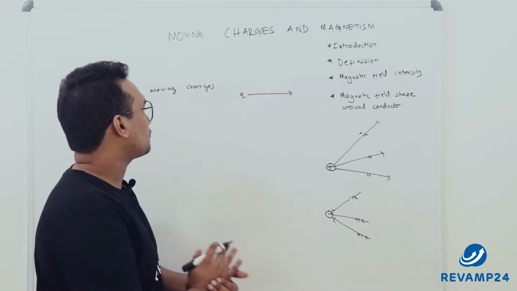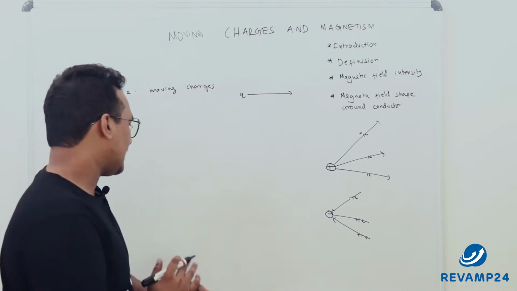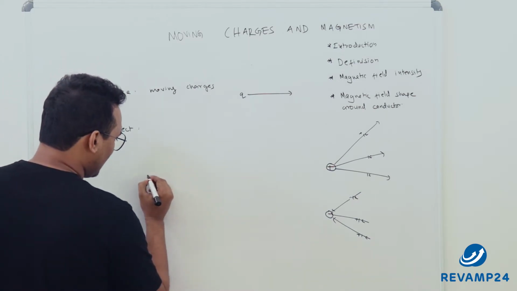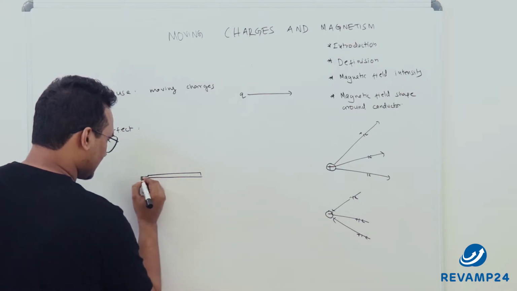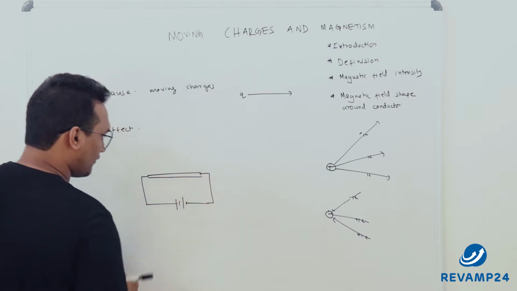First I will explain the experiment done by Oersted, in 1827 I think. He was sending current through a conductor connected with a battery, a power source.